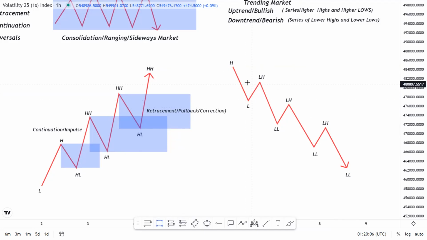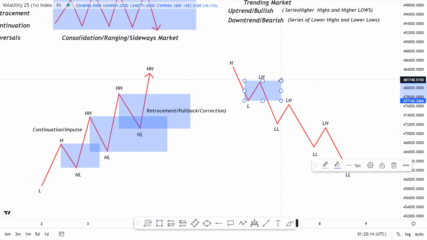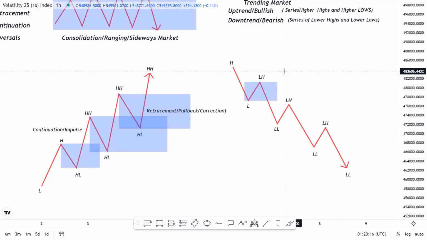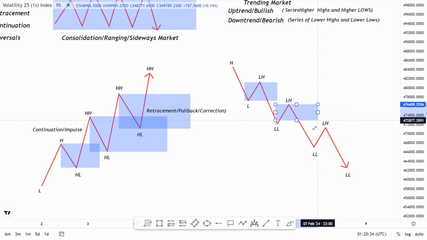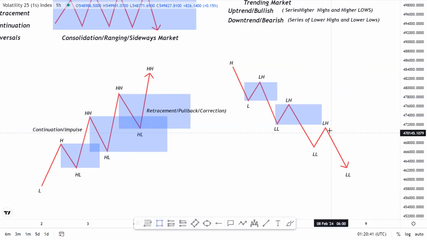Because this is clearly a sellers' market, we have temporary buys that kick into the market, presenting us with our retracements or pullbacks, where price tends to give sellers a favorable price to get in on their sell positions, taking the market even much lower to the downside.